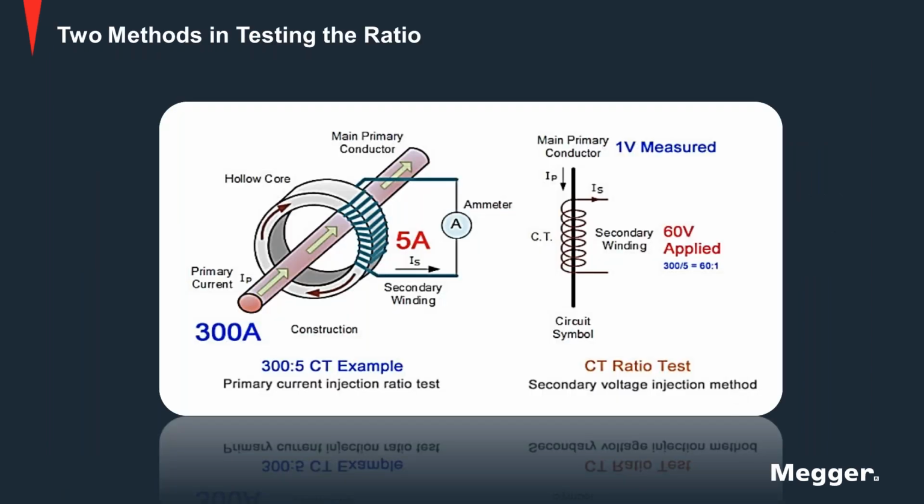Now, going to the ratio, we have two methods in testing the ratio of the CT. Method number one is the primary injection, wherein we inject current into the primary conductor and measure the current flowing in the secondary side. Another method is the voltage method, but this time, because it is voltage, we inject on the secondary and measure the voltage on the primary.